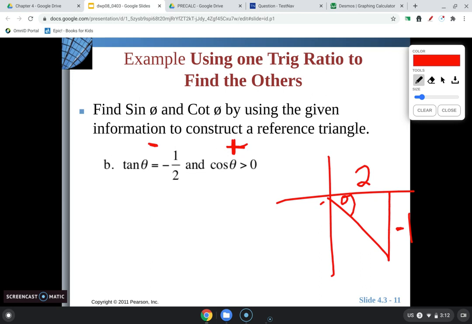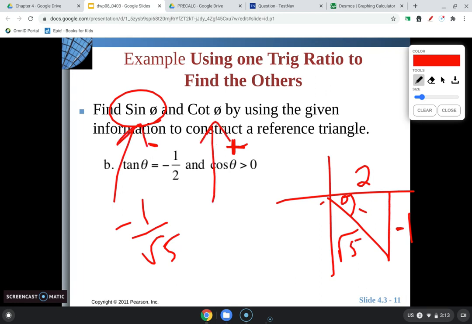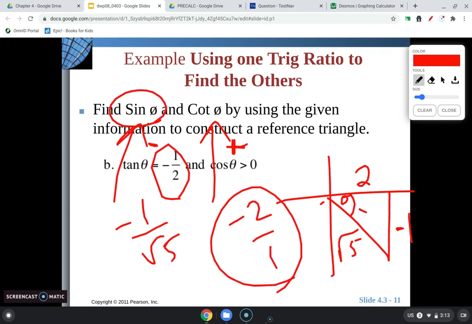Well, 1 squared plus 2 squared is 5, so our hypotenuse is the square root of 5. And we're supposed to find the sine, which would be opposite over hypotenuse, so -1 over the square root of 5. And the cotangent would be opposite over adjacent. Well, we would just flip that one over. -2 over 1 would be the cotangent.